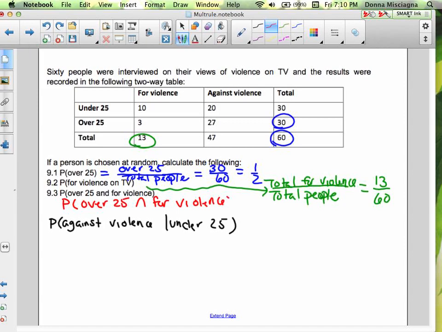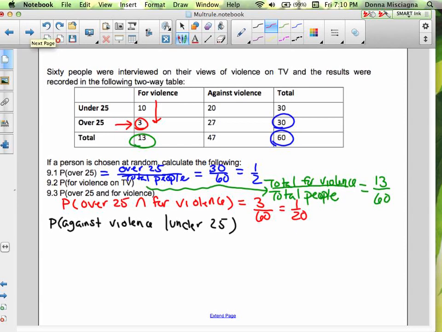Right? So we're still going to have the total people in the denominator, but now we want the intersection between over 25 and for violence. And so if you just follow where over 25 and for violence intersect, you get 3. And there were 60 total people. So that does reduce to 1 over 20.